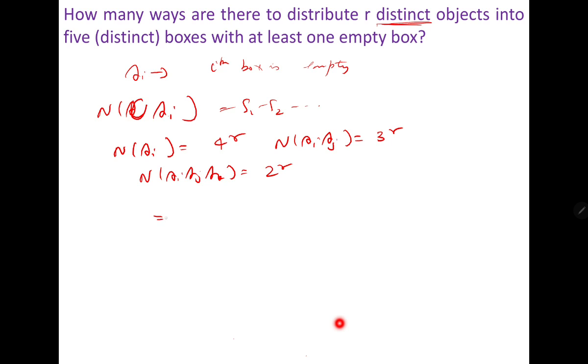So it means that the answer is 5C1 4 raised to the power r minus 5C2 3 raised to the power r plus 5C3 2 raised to the power r minus 5C4 1 raised to the power r, and plus 0, because if all the boxes are empty, it is 0. So this is n of A1 union A2 union A3 union A4 union A5.